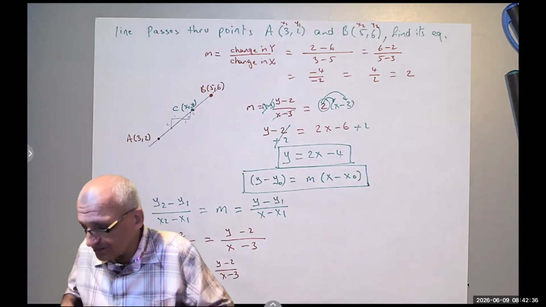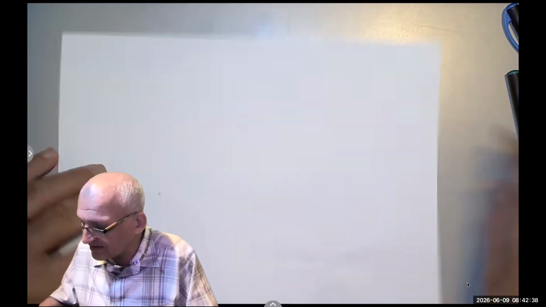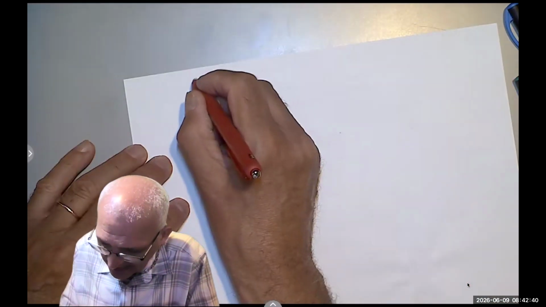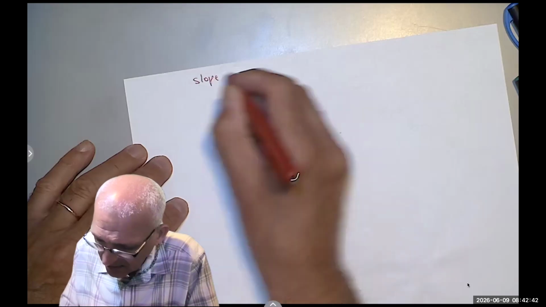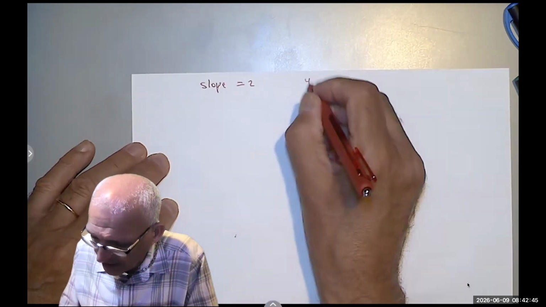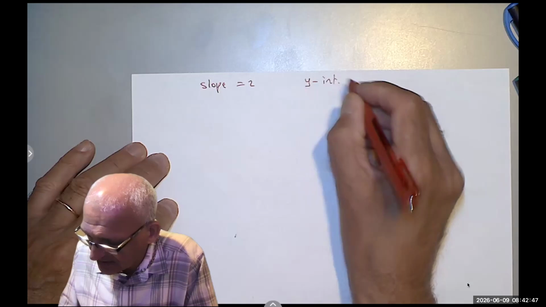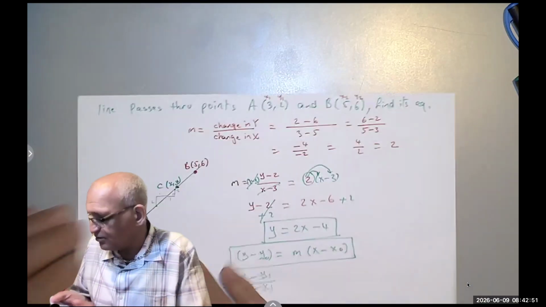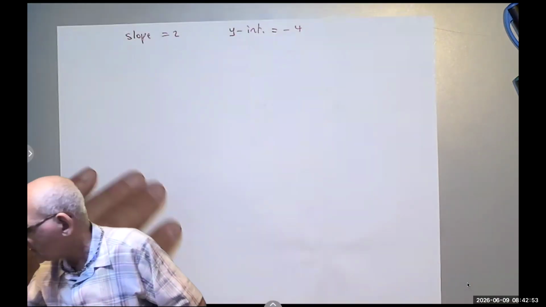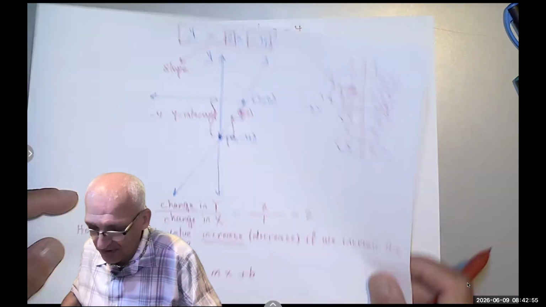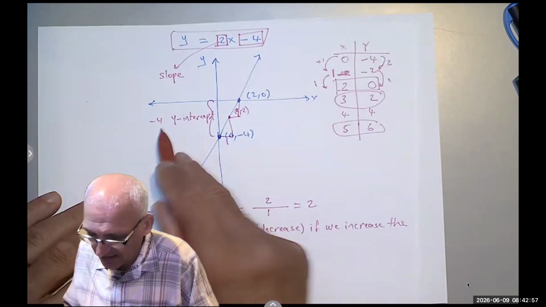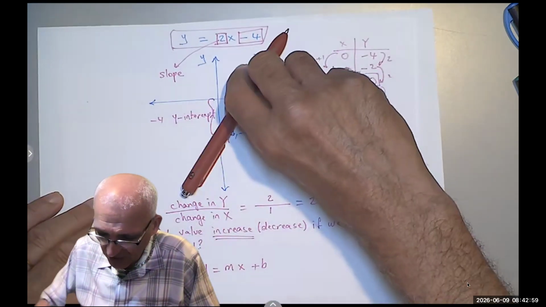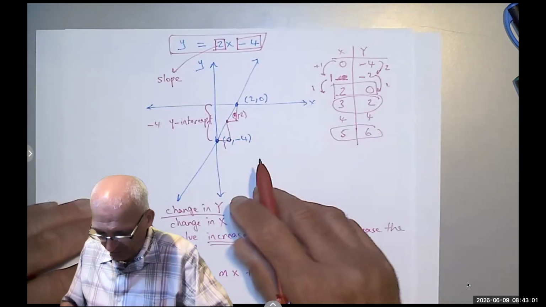If we tell you a line that has a slope equals 2 and a y-intercept equals -4, which we had in our line. So instead of drawing the line, I will tell you I have a line that has a slope of 2 and a y-intercept of -4.